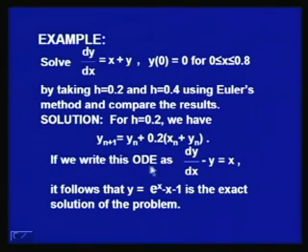Now, if you write this ordinary differential equation as dy/dx minus y equal to x, you can see that this is a first order linear differential equation, and we can find its integrating factor, multiply by the integrating factor and integrate with respect to x. It follows that y equal to e to the power x minus x minus 1 is the exact solution of this problem, making use of the initial condition y(0) equal to 0.